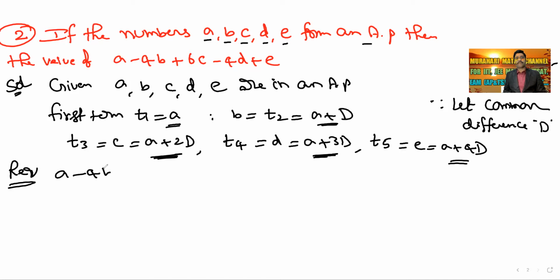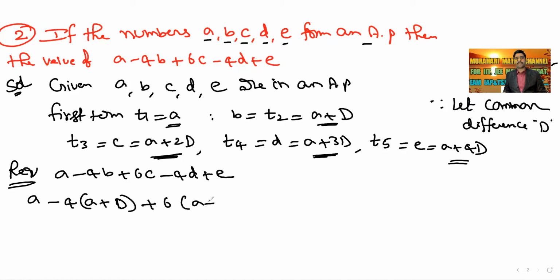A minus 4B plus 6C minus 4D plus E. So write A minus 4 times the B value, A plus D, plus 6 times C, A plus 2D, minus 4 times A plus 3D, plus E value, A plus 4D.